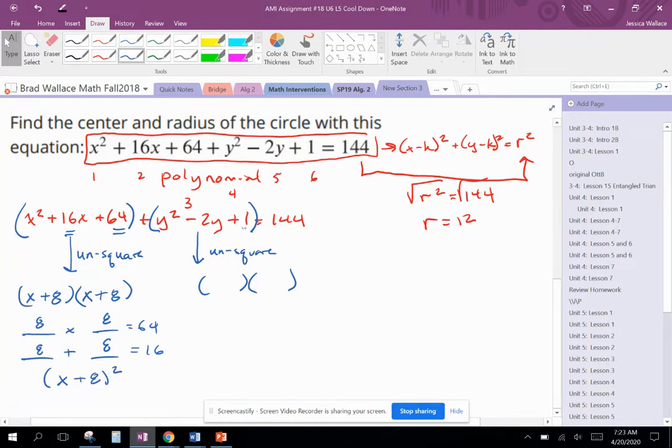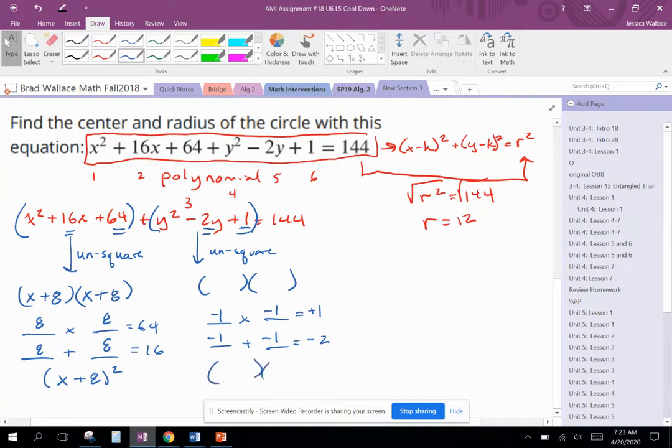Okay. And so down here, we're going to ask ourselves, what multiplies to give me positive 1 and adds to give me negative 2? Well, negative 1 times negative 1 gives me positive 1. Negative 1 plus negative 1 gives me negative 2.